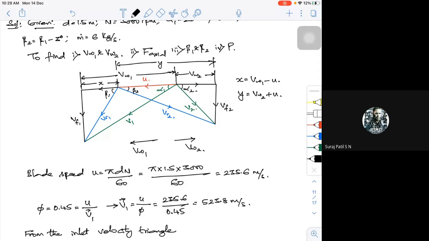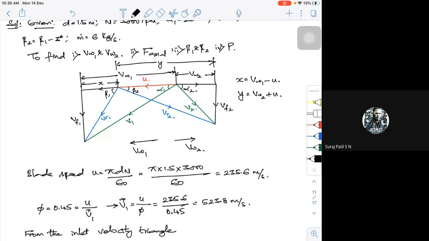Suppose my VW2 comes negative, then the velocity triangle is going to change. What is on the right hand side will come inside, so VW1 and VW2 both will be in the same direction. Then most of your values are going to change. Your work done values are going to change. So VW1 minus of minus what we have taken will become only VW1 minus VW2. So those are the things which will come.